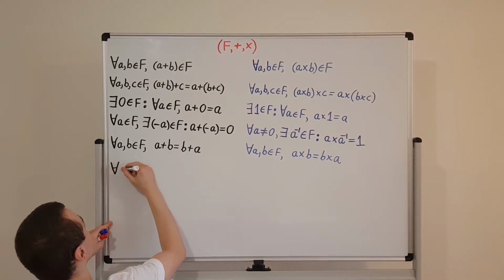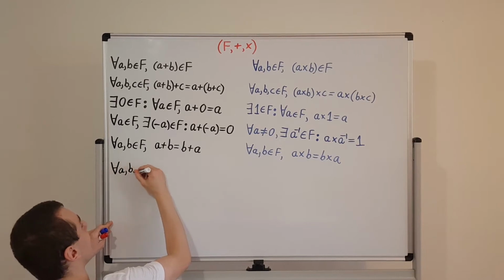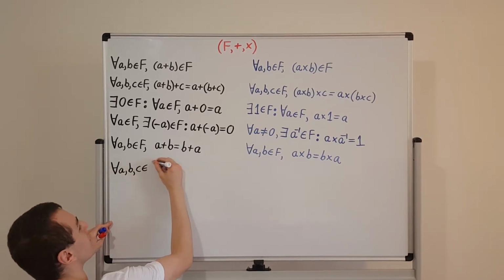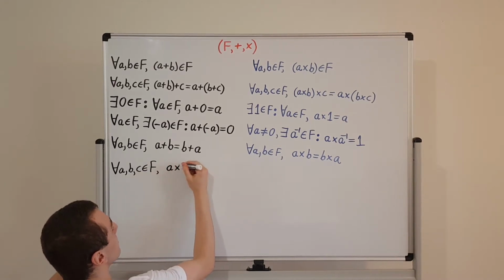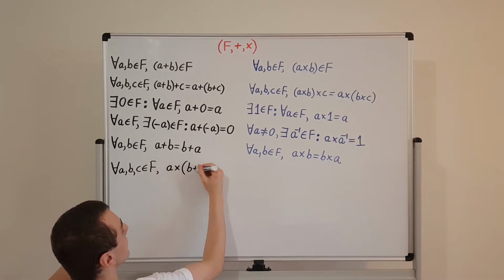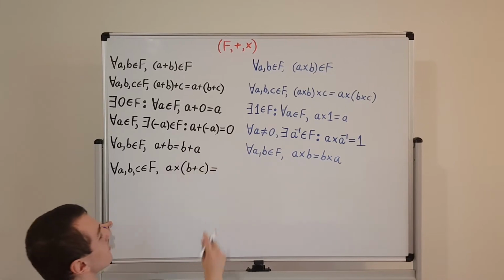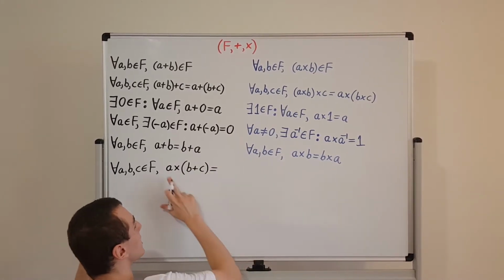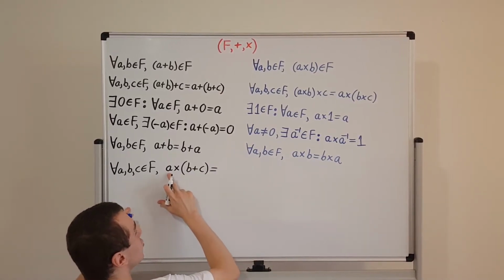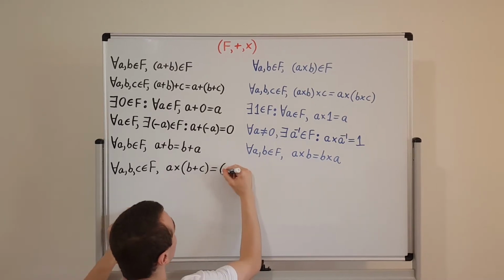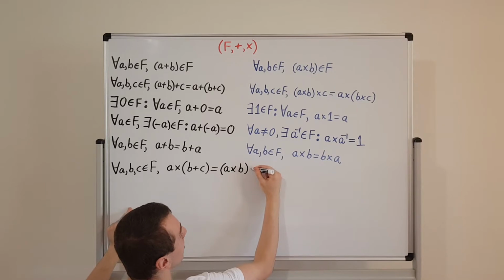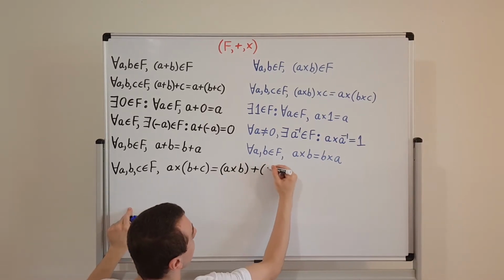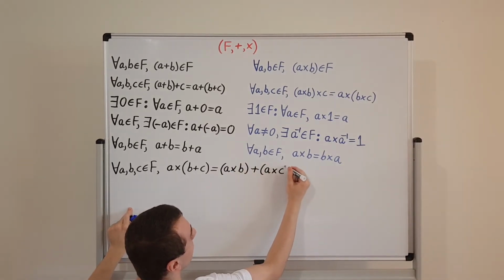For all A, B, and C that are elements of the field, I want A times the sum of B plus C to equal two terms. I want to distribute this A to B and distribute this A to C. So I'm going to have A times B by itself plus A times C by itself.